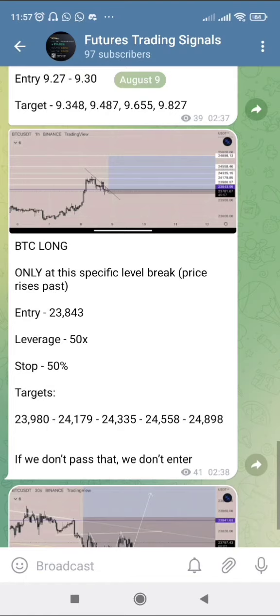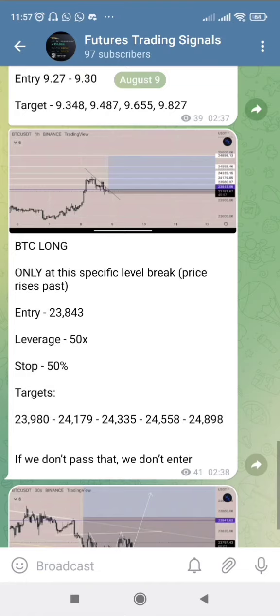The pattern of dropping signals changes. It varies depending on the individual. Alright. So in this signal, we are asked to buy long BTC at a specific break price.